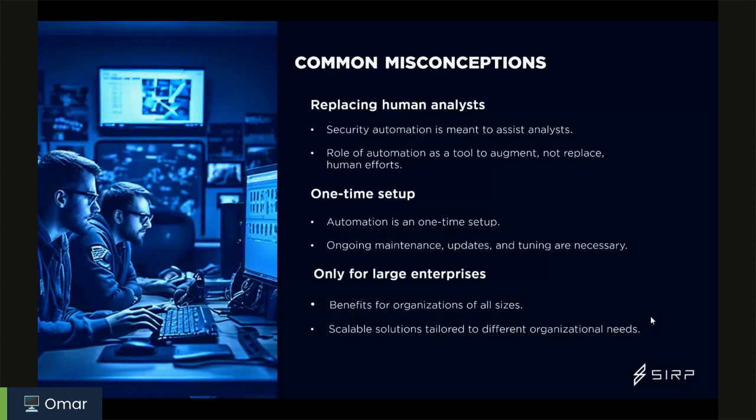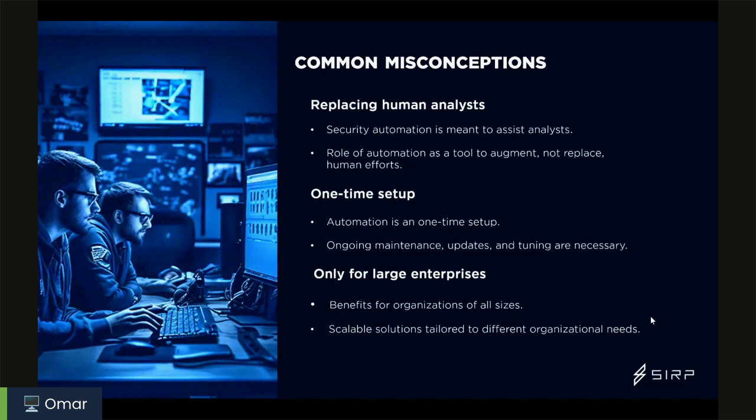Now, let's have a look at some of the misconceptions surrounding security automation and orchestration. The first misconception we have is that security automation is designed to replace human analysts. In reality, security automation is meant to assist and augment the capabilities of human analysts, not replace them.